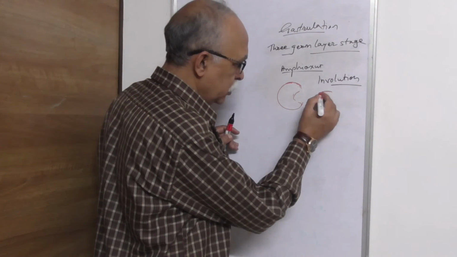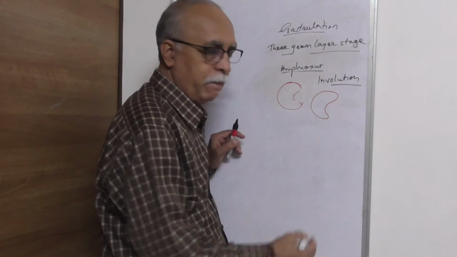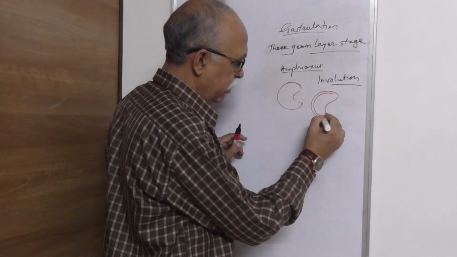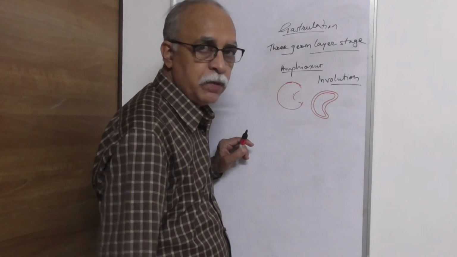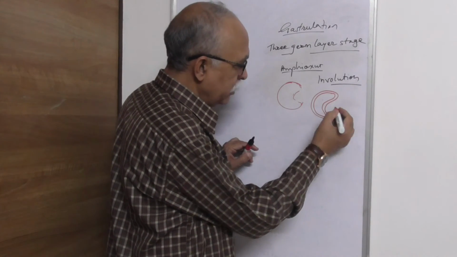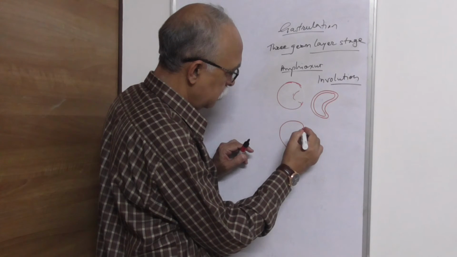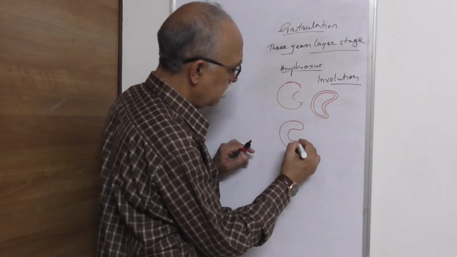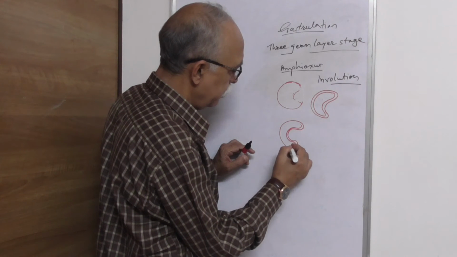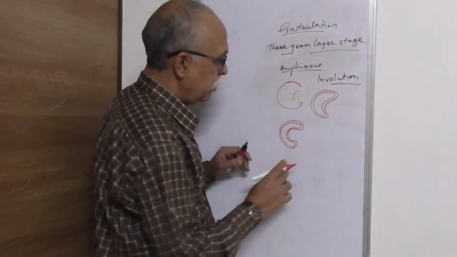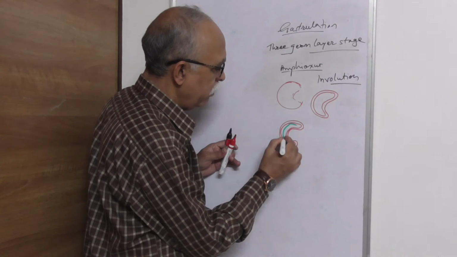So the gastrula that you see at an early stage, it could be something like this. There's one layer in the periphery. There's a cavity inside. Now the cells continue to multiply, and then you come across a stage wherein the cells have divided and have resulted into formation of one more layer of cells in this.